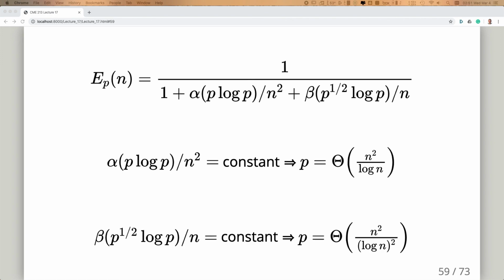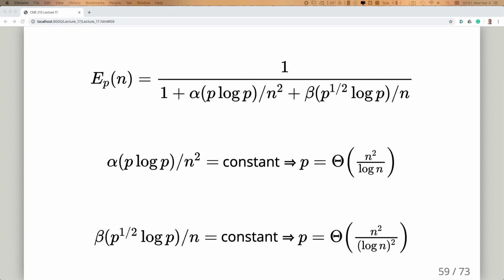Right. So if you assume that this one is constant, then you get n squared divided by log n. And then the second term, you can check, goes to infinity. If you make this assumption, then you get log n squared. Okay, so now you get the square.